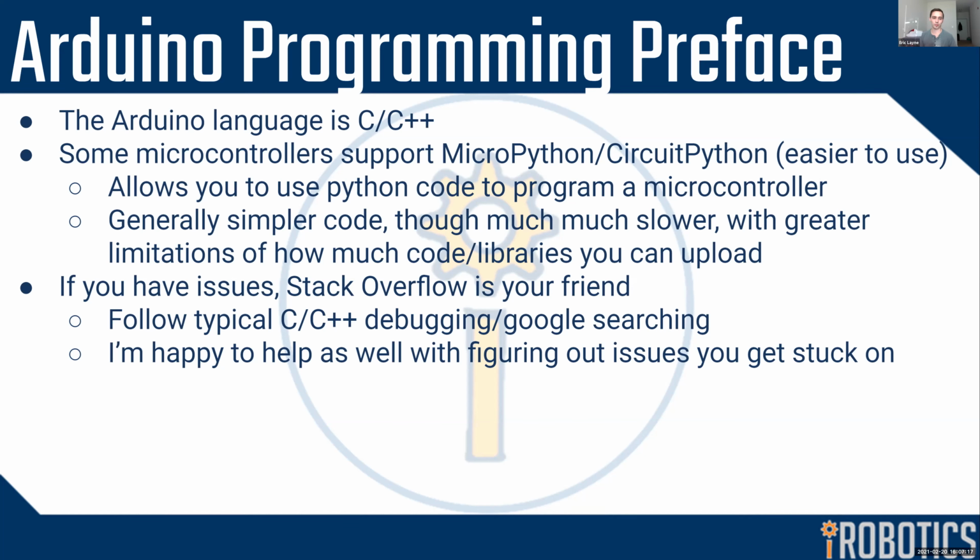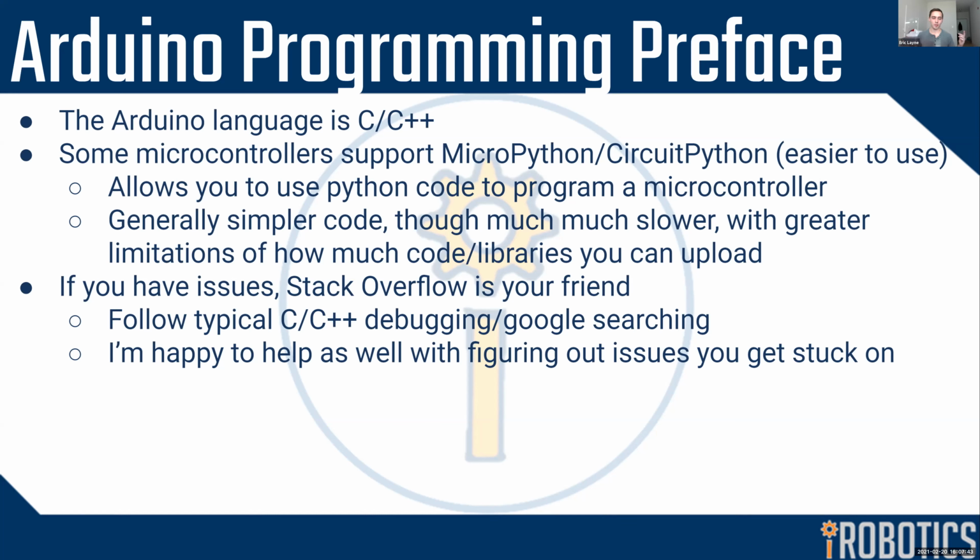As you know, if you've ever dealt with Python, there's a library for pretty much anything you could ever want to do, and that'll work on the microcontroller. Pretty much plug and play most of the time. There are some limitations on how much code you can upload because you don't have a giant 10 gigabyte folder structure like you'd have on a Raspberry Pi, but it lets you do a lot more things much more easily.